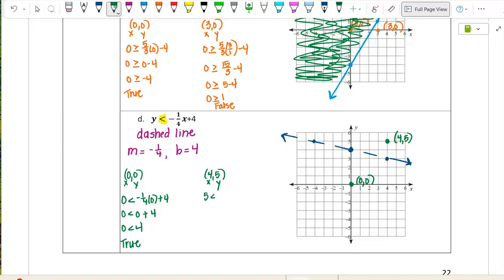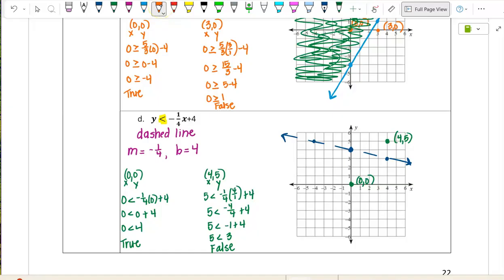So 5 is less than negative 1/4 times 4/1 plus 4. 5 is less than negative 4/4 plus 4. 5 is less than negative 1 plus 4. 5 is less than 3. And we know that is a false statement. 5 is not less than 3.